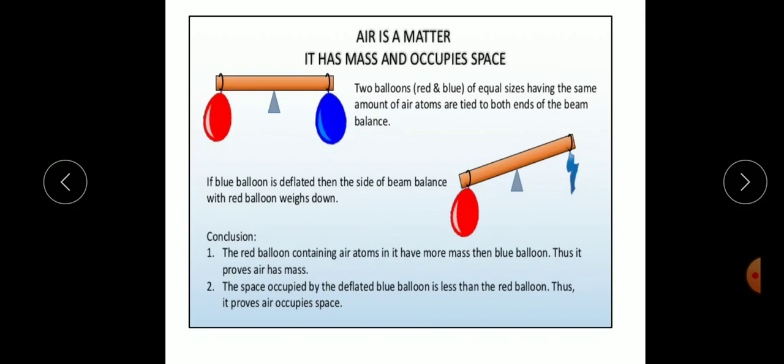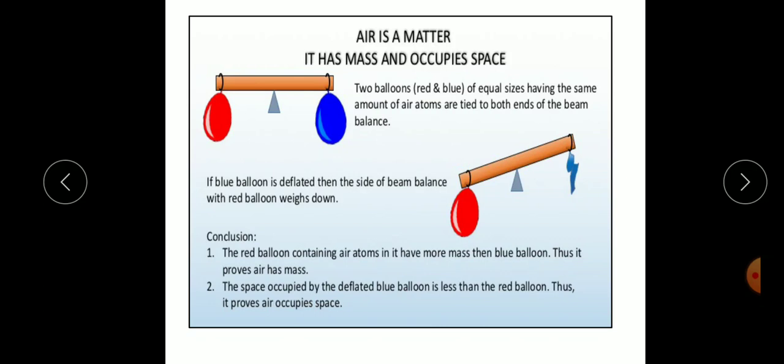Take two balloons of the same size and inflate them to more or less the same extent. Use a piece of thread to tie the mouth of the balloon. Use equal lengths of thread to tie each balloon to the end of the stick or beam.